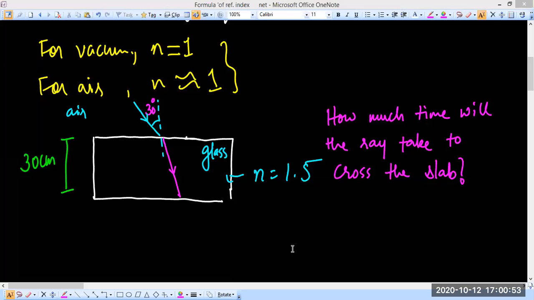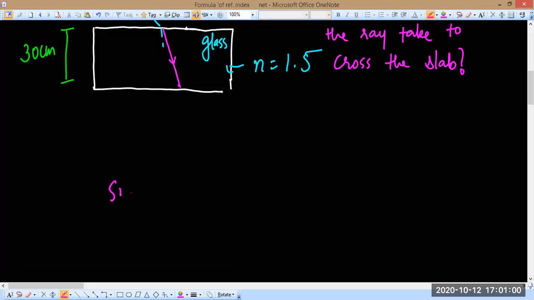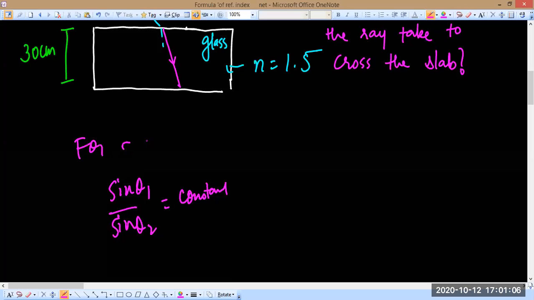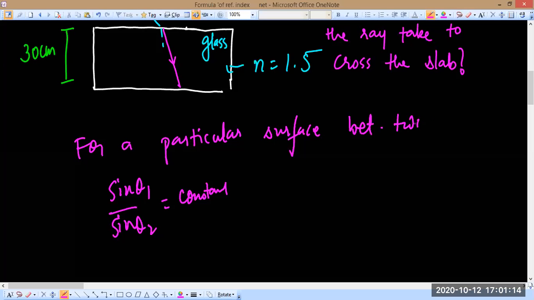So Avinash, the actual Snell's law is sin theta 1 upon sin theta 2 is equal to constant. આ જ છે for a particular medium, for a particular surface between two media, આવું એનું સ્ટેટમેન્ટ છે, right?